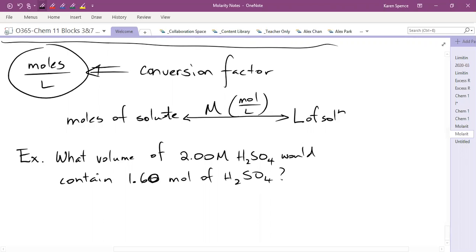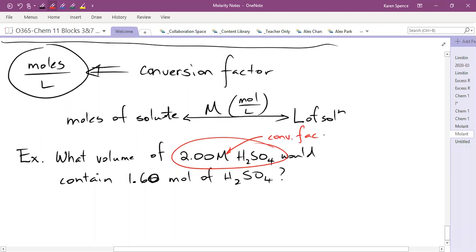So our conversion factor, the first thing you have to realize is that molarity is a conversion factor. It is sort of hidden, right?